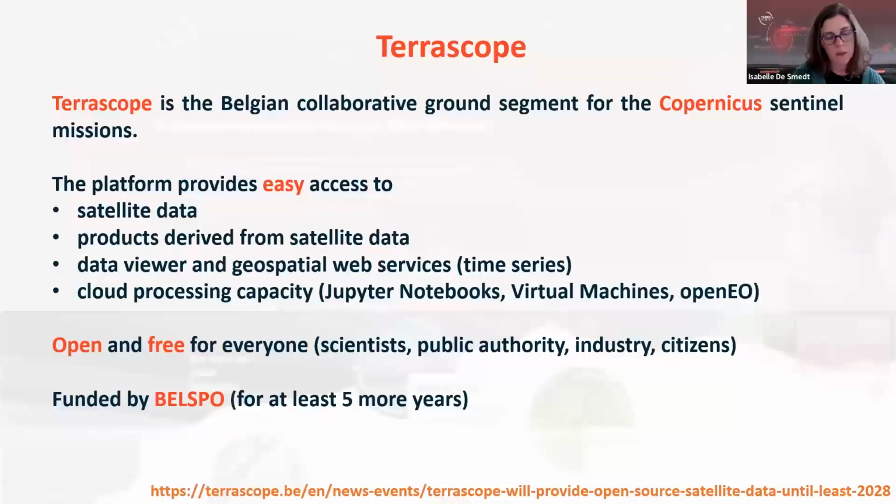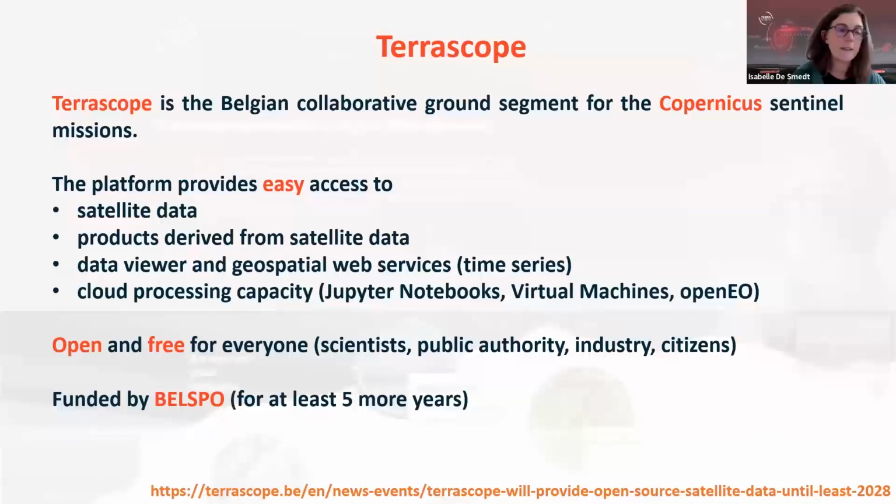Terrascope is the Belgian collaborative ground segment for the Copernicus Sentinel missions. Not only the atmosphere, but also land and marine Sentinels. The platform provides easy access to satellite data, but also the products derived from satellite data. And it comes with a nice data viewer and geospatial web service, and cloud processing capacity as well, such as Jupyter Notebooks, for example.